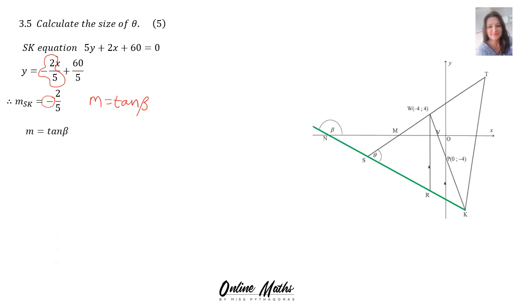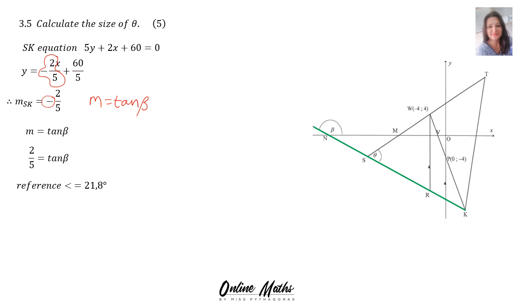Then in m's place, the gradient, you only substitute the positive 2 over 5. And your steps with your calculator is second function tan 2 over 5. And you get something that we call a reference angle, which is 21,8.